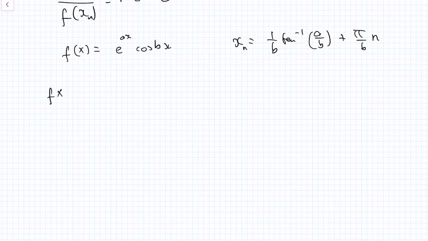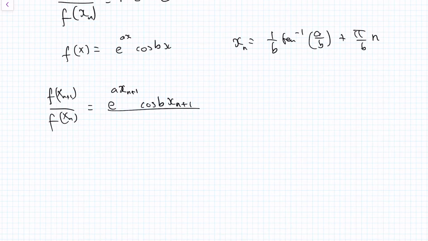We want f of x_(n+1) divided by f of x_n, which gives us e to the a x_(n+1) cos b x_(n+1), divided by e to the a x_n times cos b x_n.